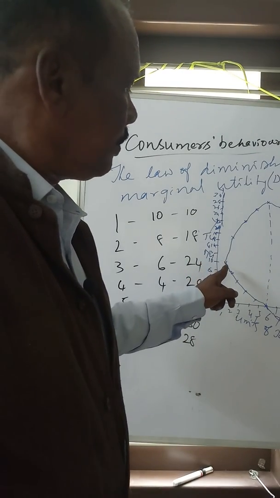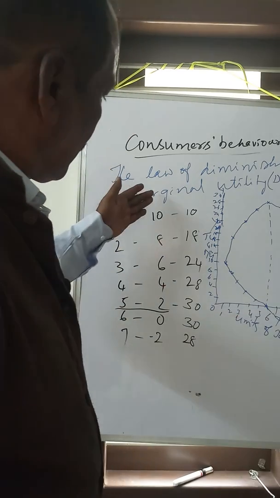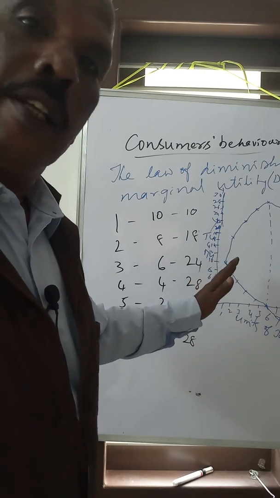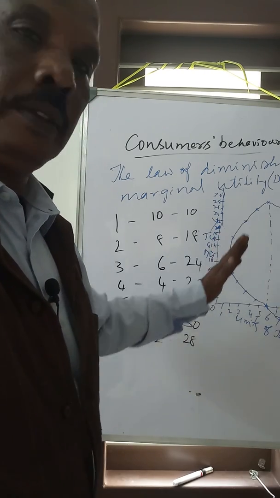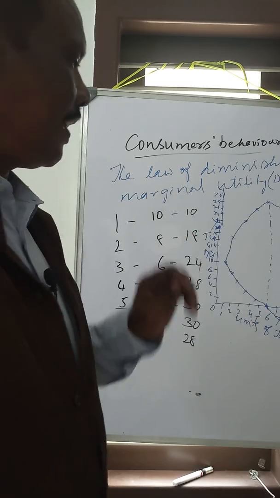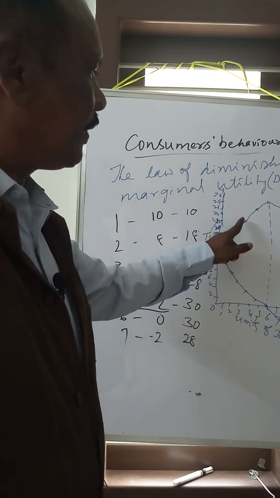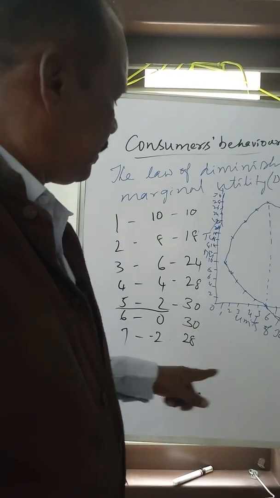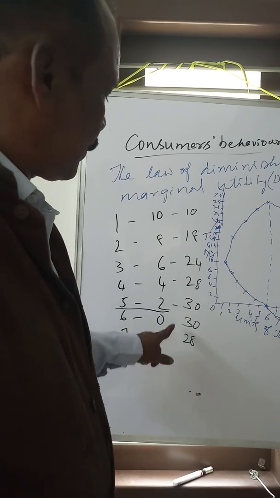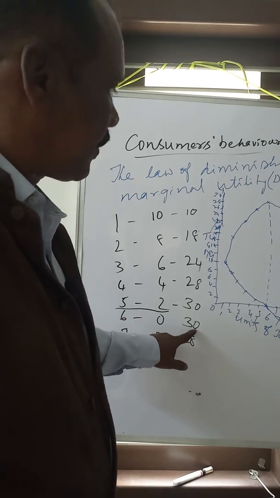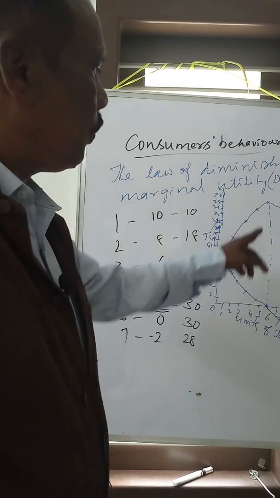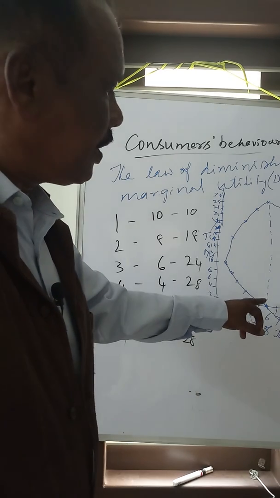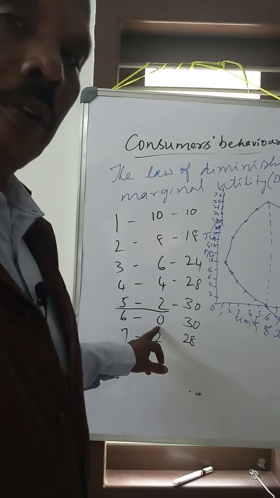The marginal utility curve slopes downwards. It goes on diminishing. And the total utility curve slopes upward. It increases at a decreasing rate. Please understand, it increases at a decreasing rate. And total utility becomes maximum, that is 30, at the sixth unit. When total utility becomes maximum, marginal utility will be 0.